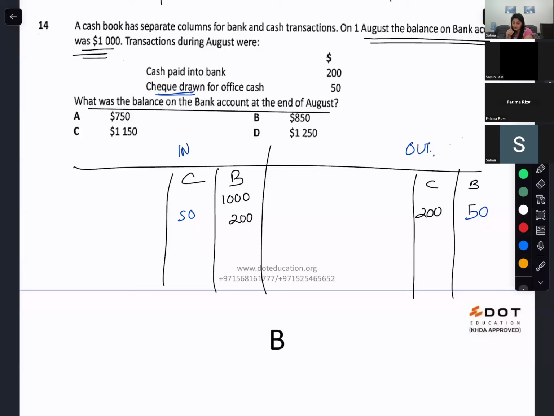How will you do it? First you total them both, so it'll be 1,200 on one side and 1,200 on the other. It's more on the debit side, so it'll be 1,000 brought down on the debit side. On the credit side, you have the debit balance.